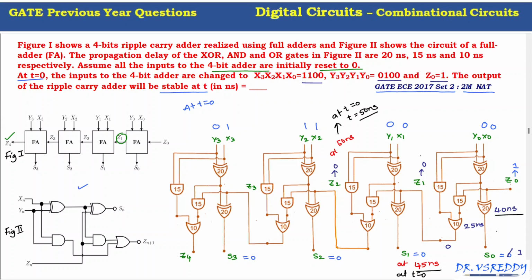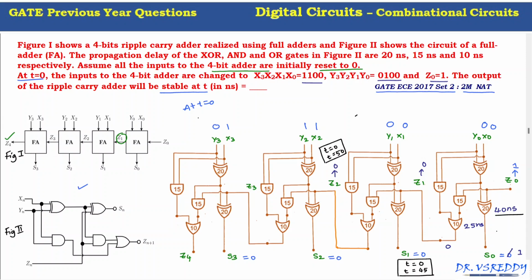So we don't need to consider the delay for these two full adders. We only calculate the delay for the two MSB full adders, which gives the minimum total delay of this addition. So z2 is 0 when t is equal to 0 and t equal to 50 nanoseconds.